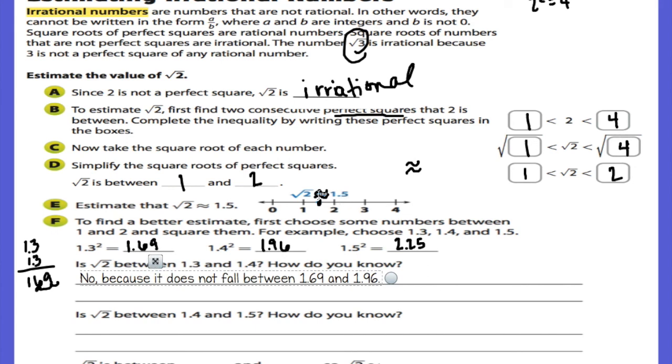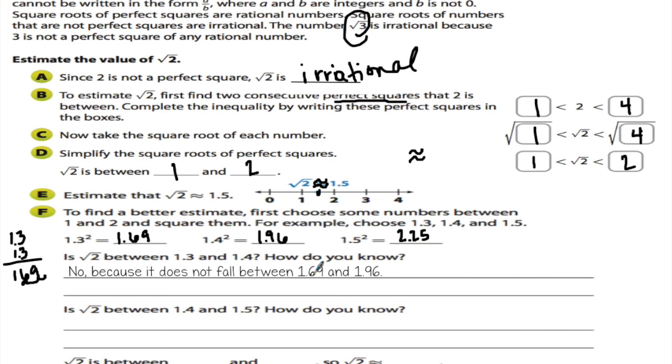Since we said that it's approximately 1.5, since 1.5 doesn't fit between there, I know that it cannot be between those two numbers. So then now I have to look, is it between 1 and 4/10 and 1 and 5/10?